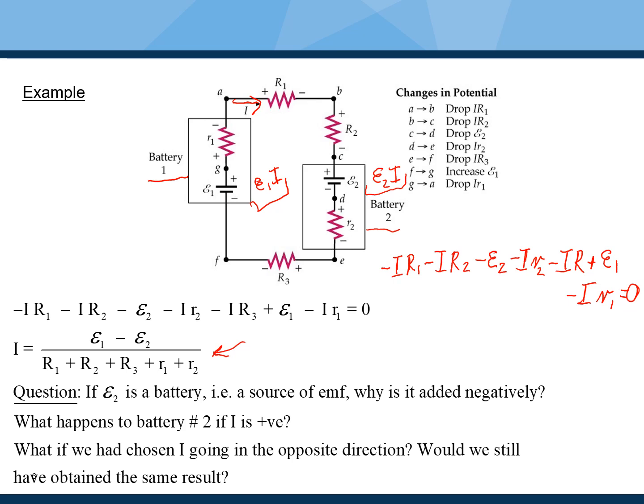Now, let's also imagine a situation where we thought initially that the direction of current flow is in the direction shown, but I turned out to be a negative number.